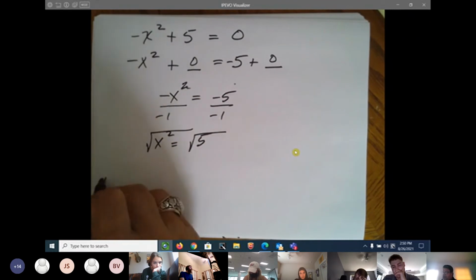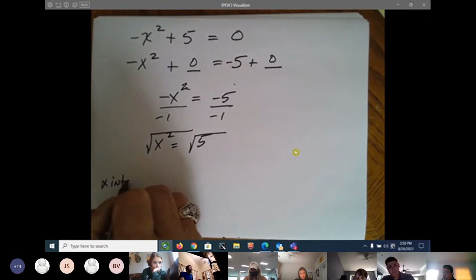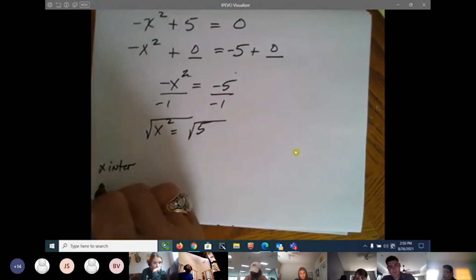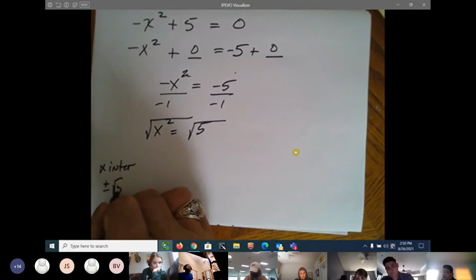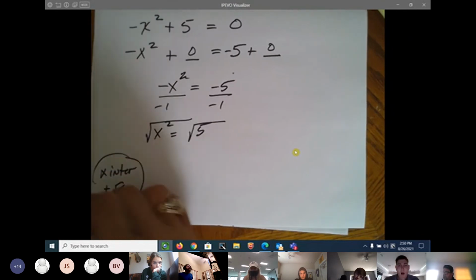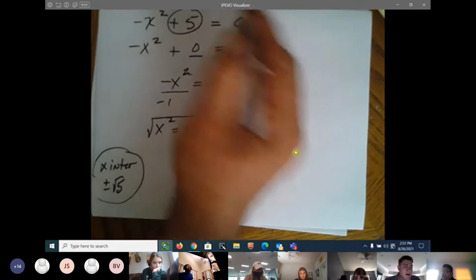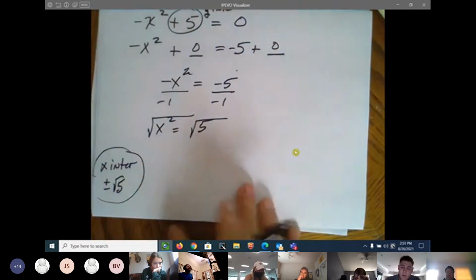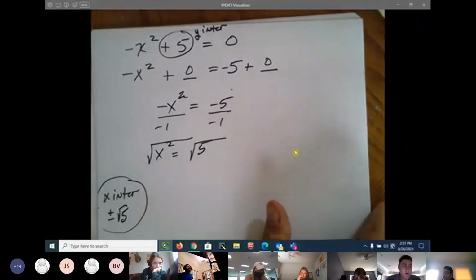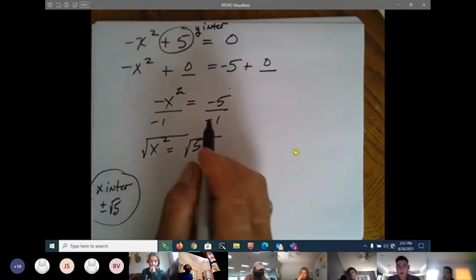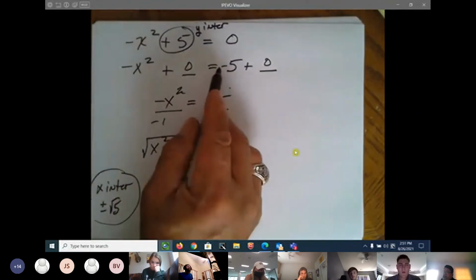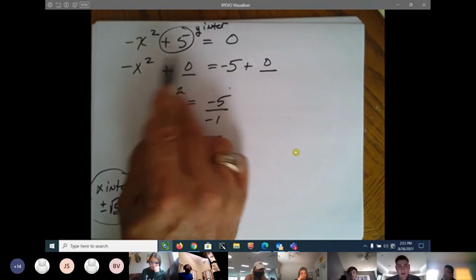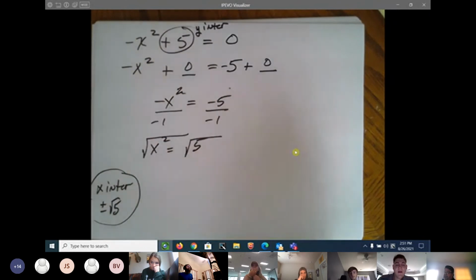So you know the x-intercepts are positive and negative square root of 5. You know the y-intercept is 5. And if you want to continue to find the vertex, it is going to be 0 and 5 also, because you don't have anything to solve for.